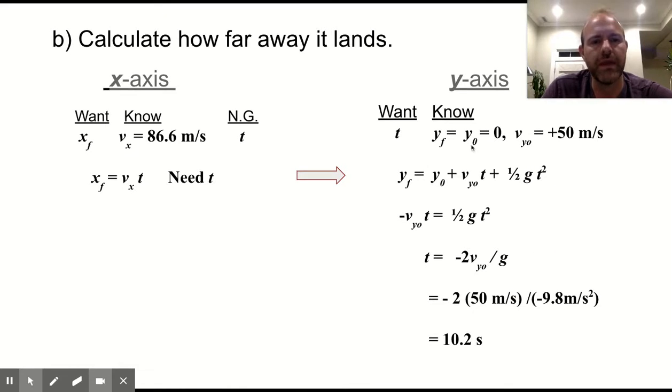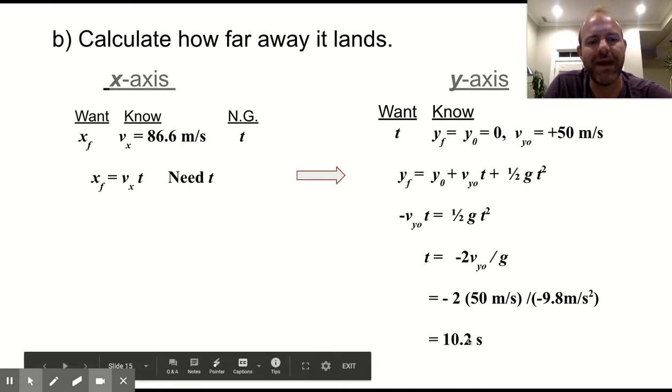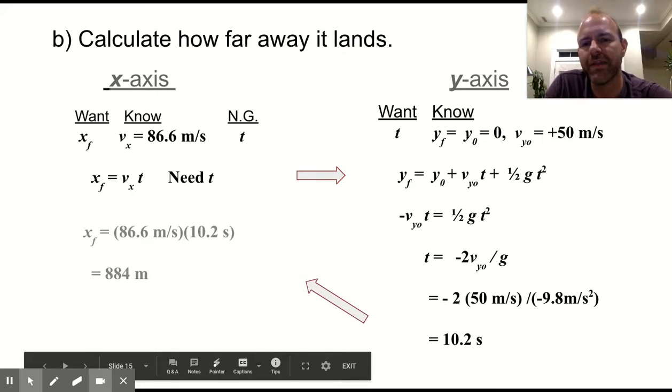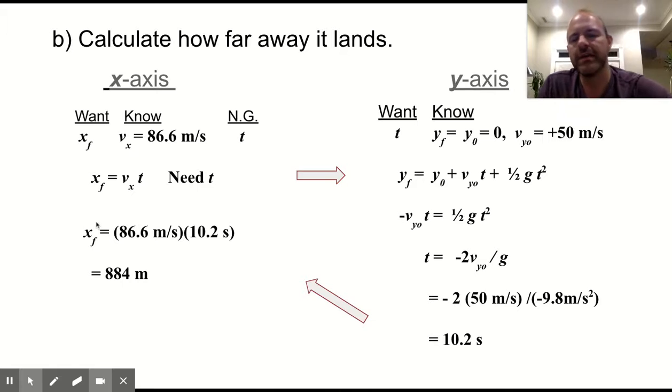We know the initial and final y positions are both 0. We know that the initial y velocity is 50 meters per second, and we know little g. We're going to use one of our equations and solve that it takes about 10 or 10.2 seconds. We then go back, plug that in, and find out that the projectile travels about 890 meters.